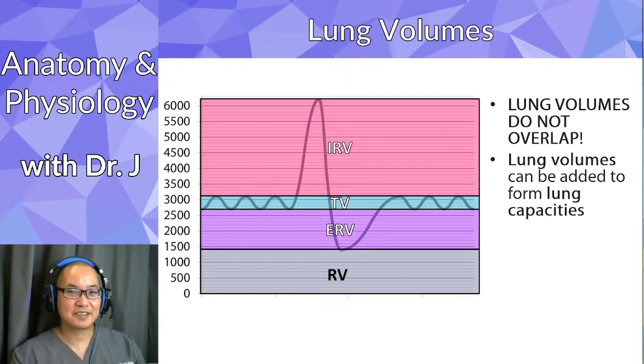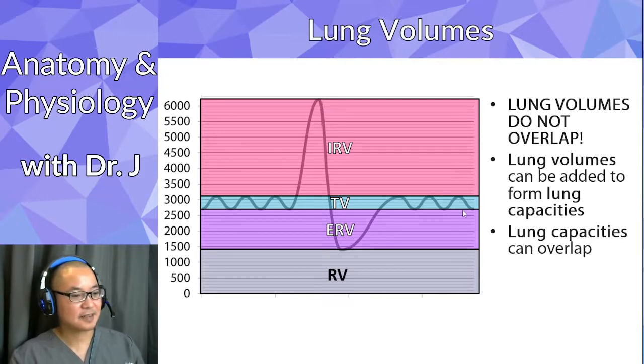Capacities are different; they're related to lung volumes, but they're not the same. There are only four volumes: tidal volume, inspiratory reserve volume, expiratory reserve volume, and residual volume. By definition, they can't overlap because the border of one is the border of another volume.